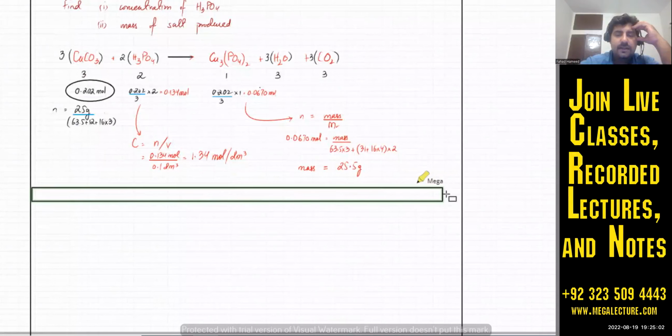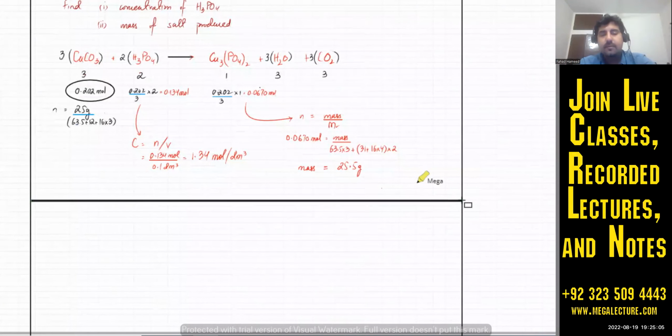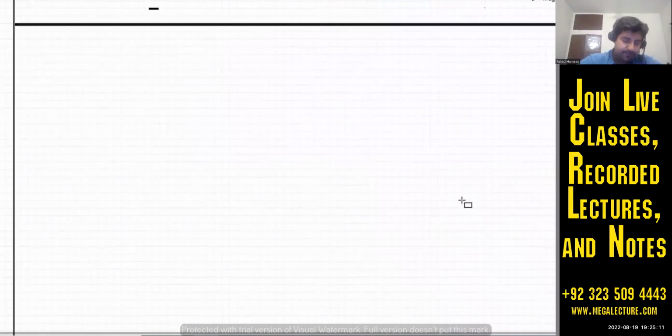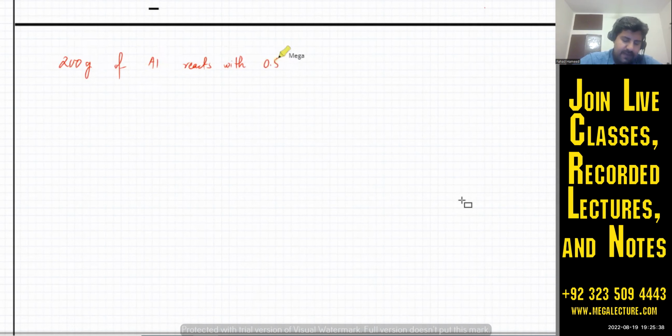तो एक और इसी तरह का कर लेते हैं. अच्छा, similar question. That 200 grams of aluminium reacts with 0.5 mole per decimeter cube of HCl. As a mole per decimeter cube, that's concentration.